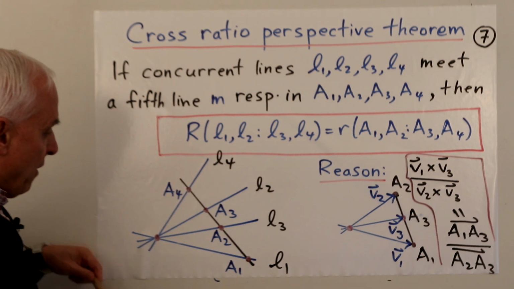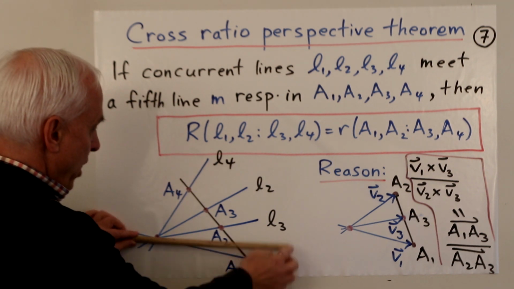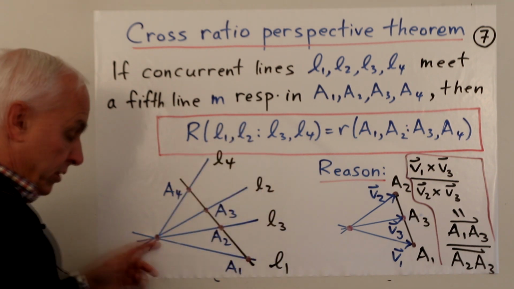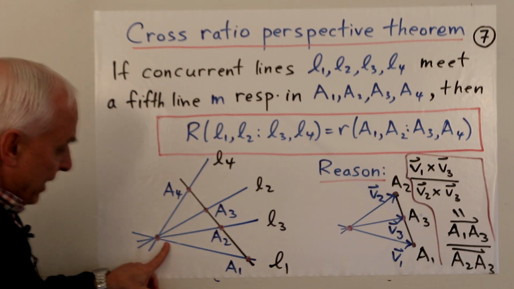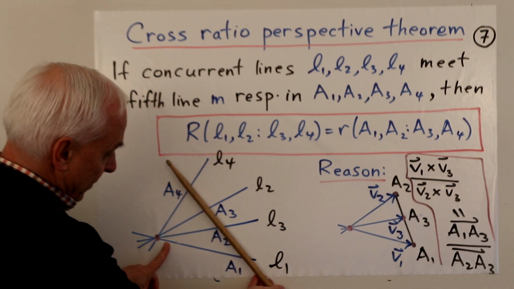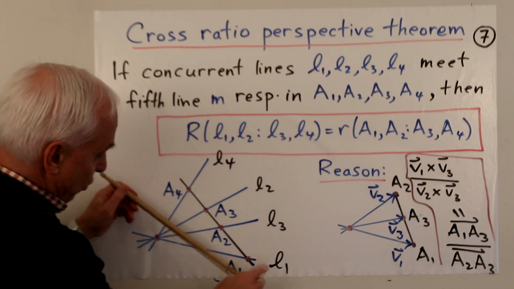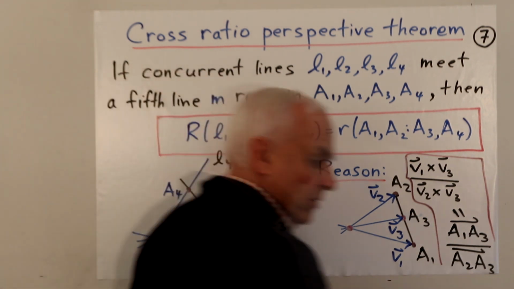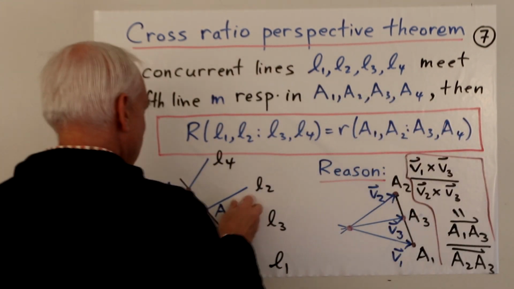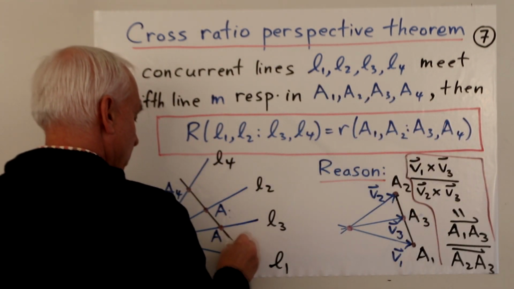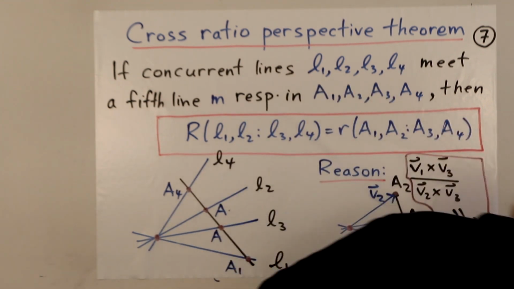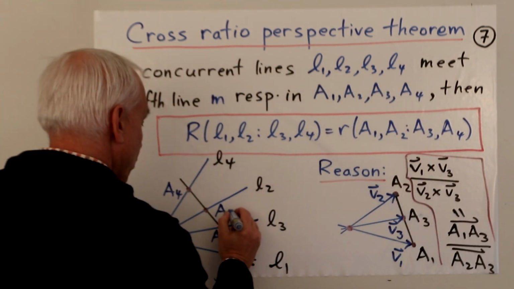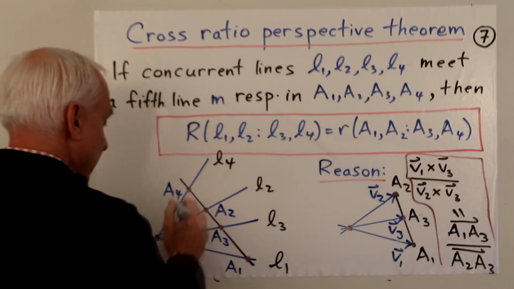So here are four lines, L1, L2, L3, L4. They're all concurrent. Here's a fifth line meeting these four lines at points A1, A2. Actually, that should be A2 up there, shouldn't it? Corresponding. A2 here, A3 there, and A4 there.